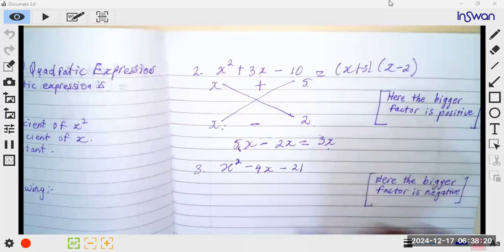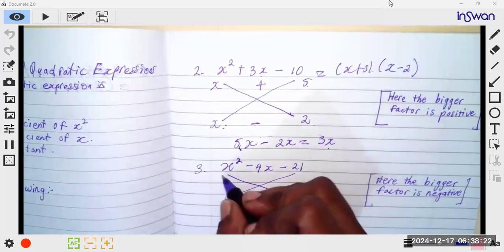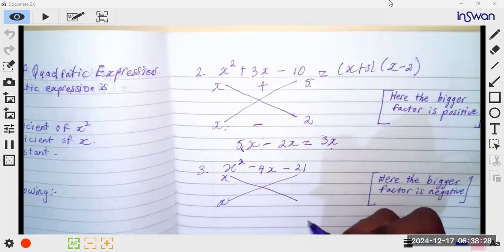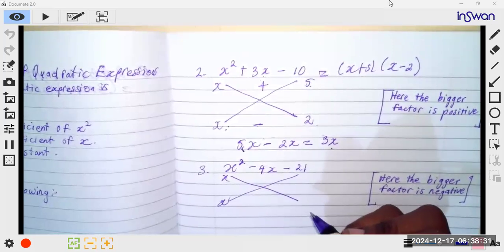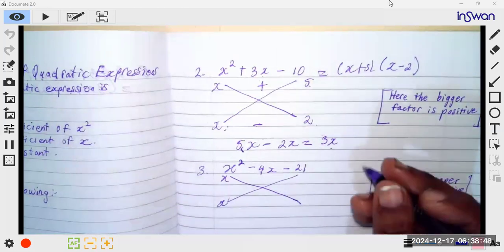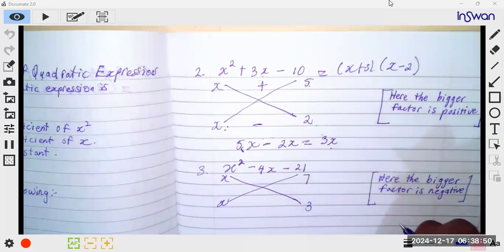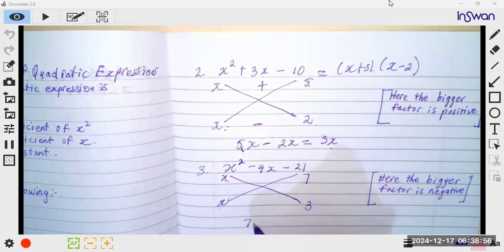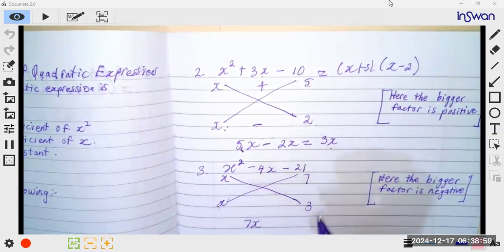What two factors? Well, obviously x by x will be x squared. What two factors, when you multiply, will give us 21, but when you add or subtract will give you negative 4? 7 and 3. We know that 7 times x is 7x, and 3 times x is 3x.